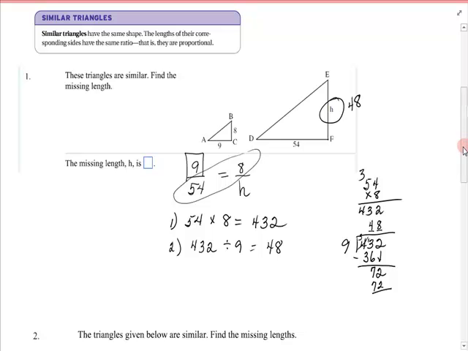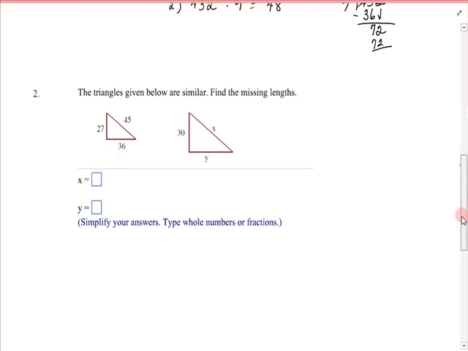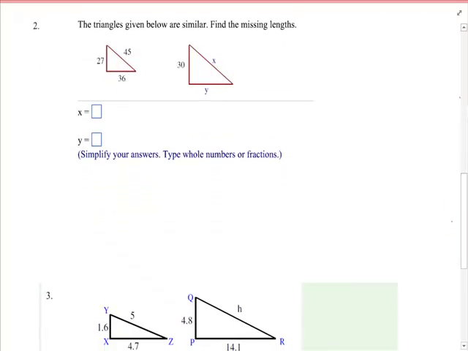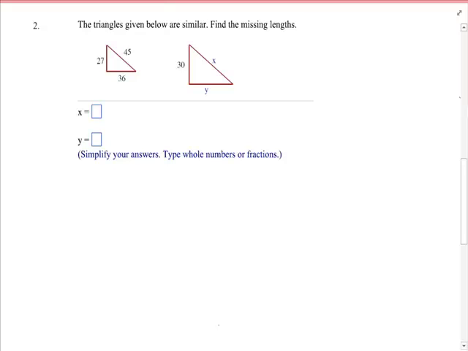All right, let's set up and solve another pair of similar triangles. This problem actually has two parts. Looking at the similar triangles, can you find the pair of numbers in corresponding parts that both are filled in with numbers? And I can. I can see that 27 is to 30 as, all right, I want to solve for x first. 45 is to x.